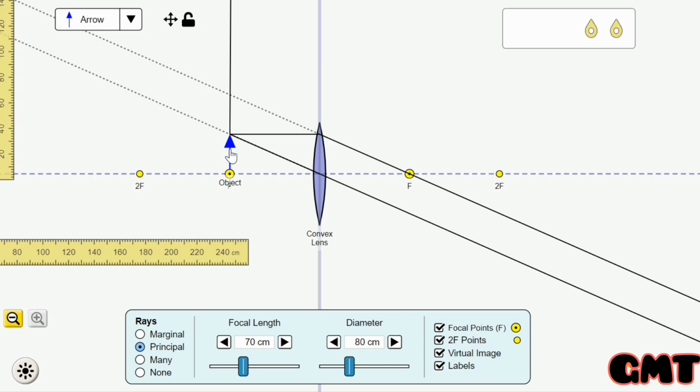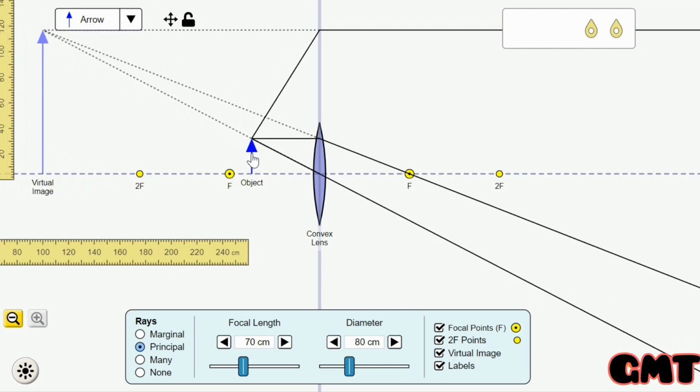Let's look at the case when the object distance is between the focal point and the lens. When the object is between the focal length and the lens, which is a convex lens, the image, as we see, is upright, meaning a virtual image.